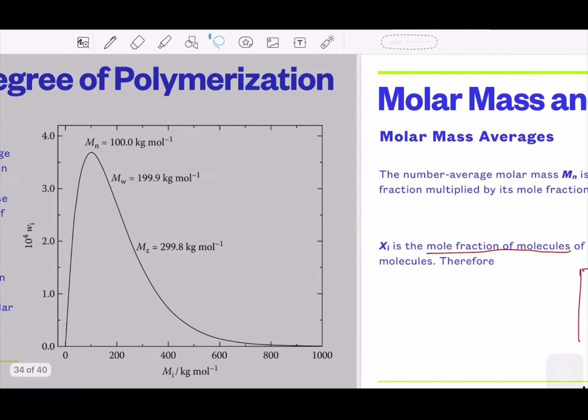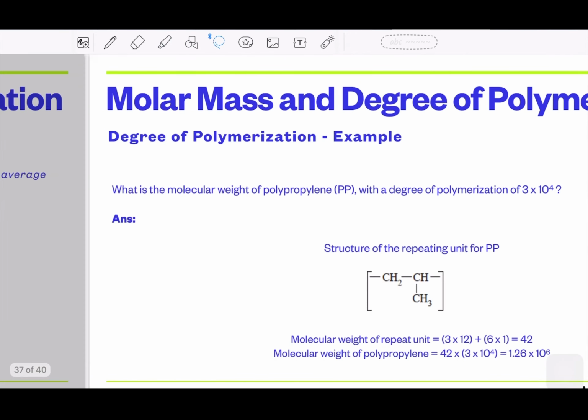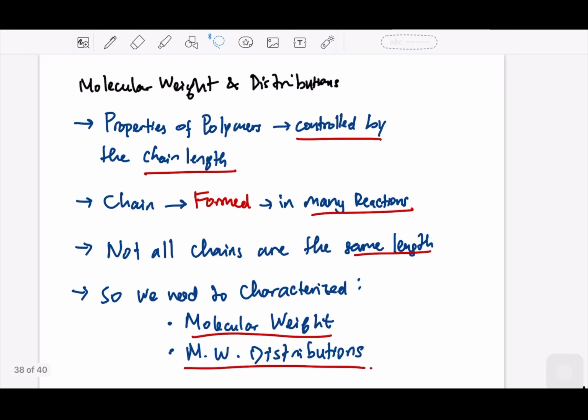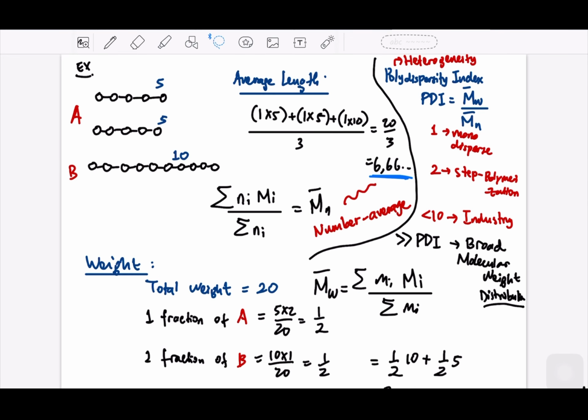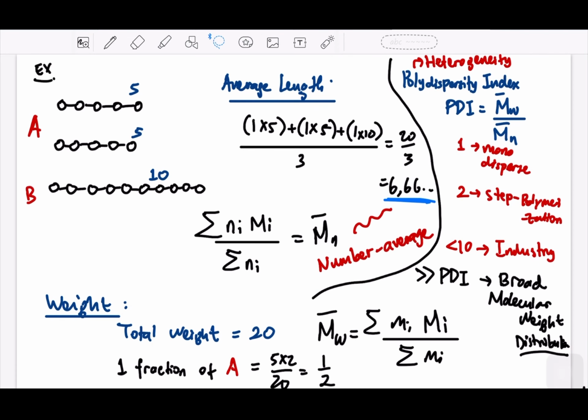Okay, so that's the PDI. So if we look at the question, if you want to take notes here, please. Because the polydispersity is not only in polymer, it's also in other terms as well. But the definition is similar.